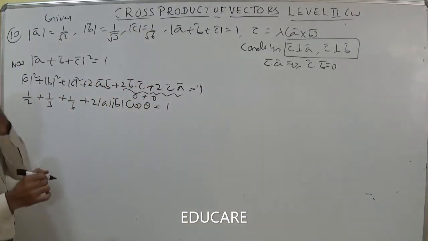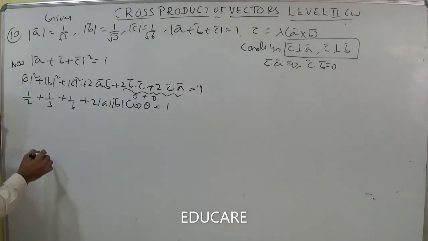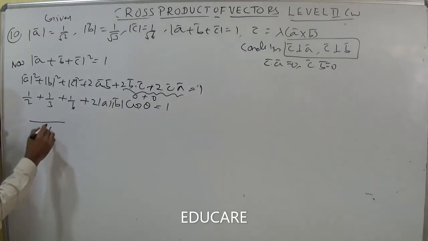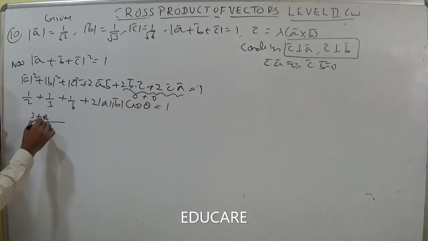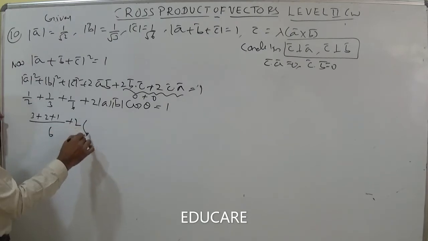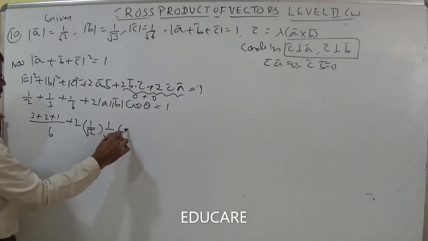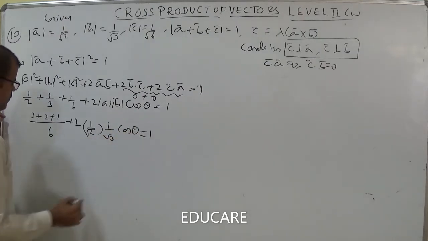Now we can apply the values: 1 by 2 plus 1 by 3 plus 1 by 6. Taking the LCM, it becomes 6: this is 3, this is 2, this is 1, so 6 by 6, plus 2 into the magnitudes 1 by root 2 into 1 by root 3 into cos theta equal to 1.